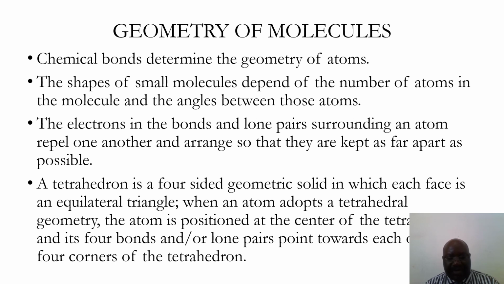A tetrahedron is a four-sided geometric solid in which each face is an equilateral triangle. When an atom adopts a tetrahedral geometry, the atom is positioned at the center of the tetrahedron, and its four bonds and all lone pairs of electrons point towards each of the four corners of the tetrahedron.